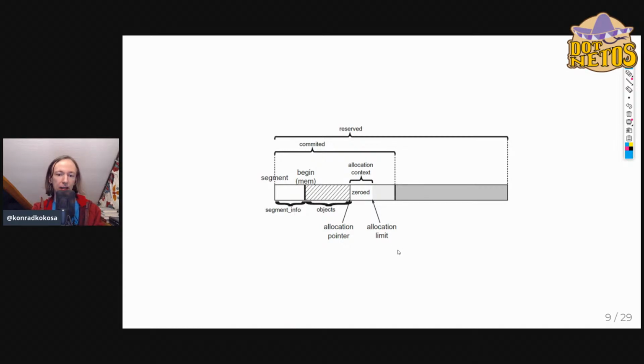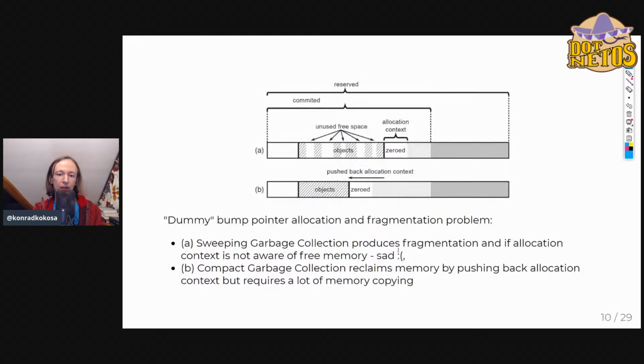So we said the allocation context is nice because it is super fast. We can return the pointer and just check whether we fit within the limit, and that's all. Then we could create a dummy or naive bump pointer allocation, but obviously it needs to consider fragmentation somehow.